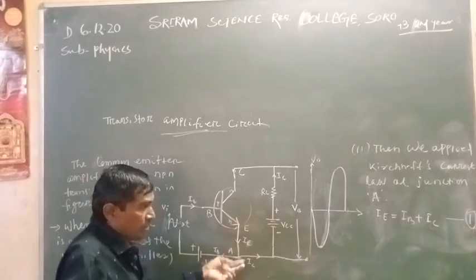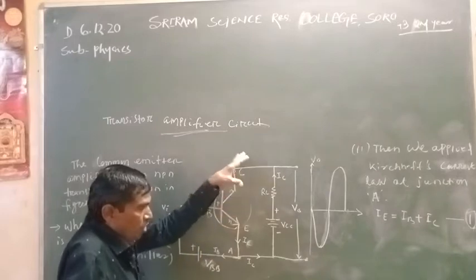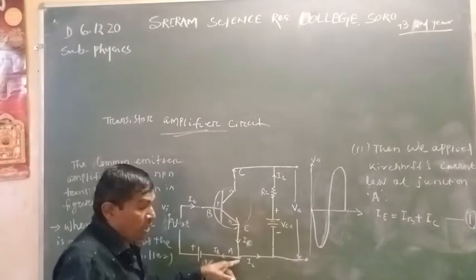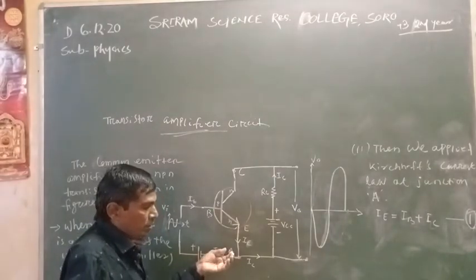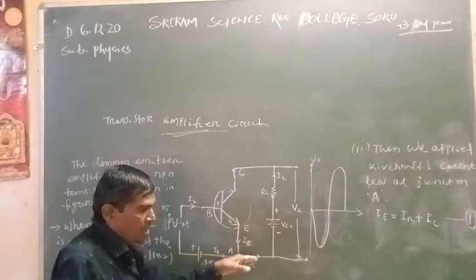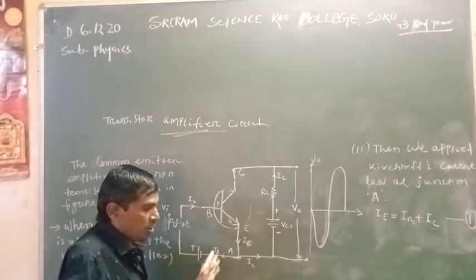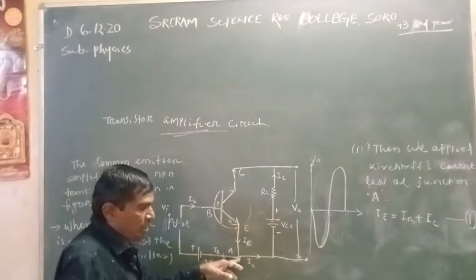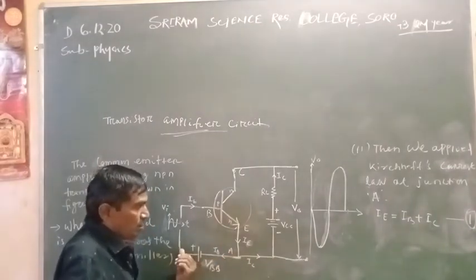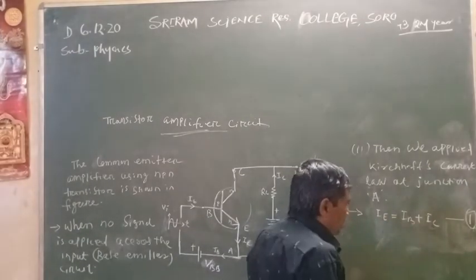Applying Kirchhoff's current law at junction A, the amount of current entering point A, the emitter current, leaves from this point as the sum of IC and IB in different directions. IC goes in this direction and IB goes towards the base circuit. So IE equals IB plus IC.